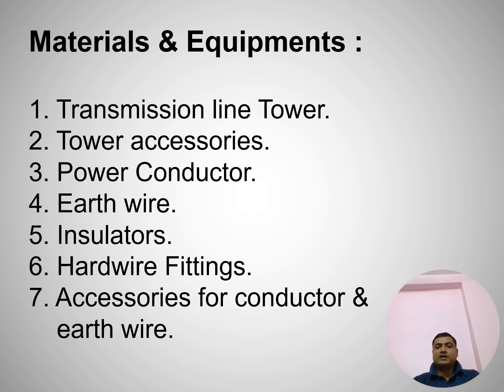Fourth, earthwire or OPGW. Today, the use of earthwire is going down, and the use of OPGW, optical fiber ground wire, is increasing day by day. Fifth is insulator. Sixth is hardware fittings. Seventh is accessories of conductor and earthwire or OPGW. For OPGW, I will prepare a separate PPT and forward it.